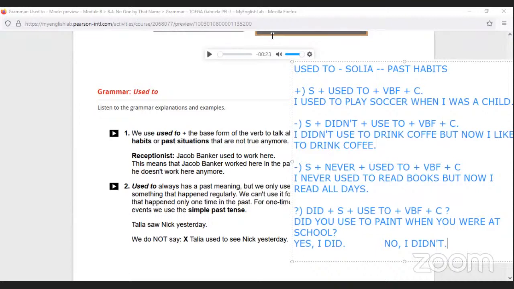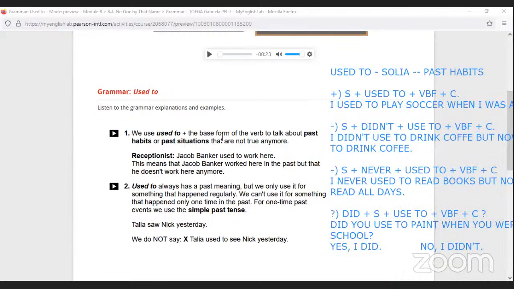What do we have here? Used to for past habits or past situations. Maybe these are not true anymore, because before we did it and right now we don't do it. For example, the receptionist says here, Jacob Banker used to work here. So what does it mean?